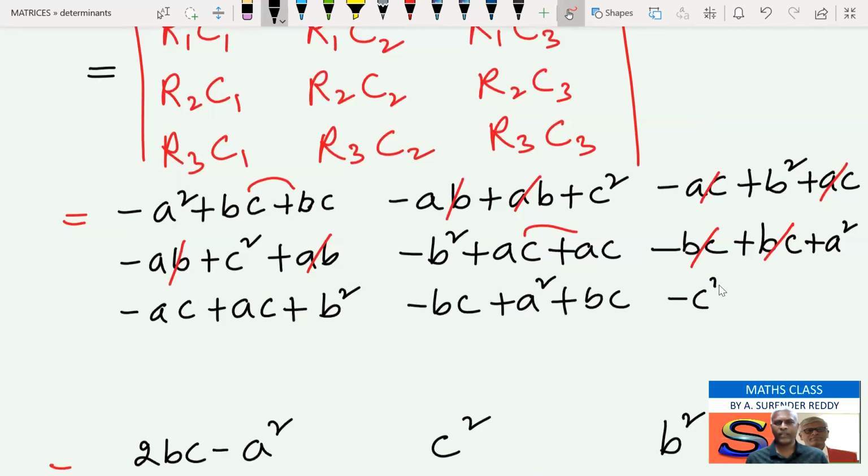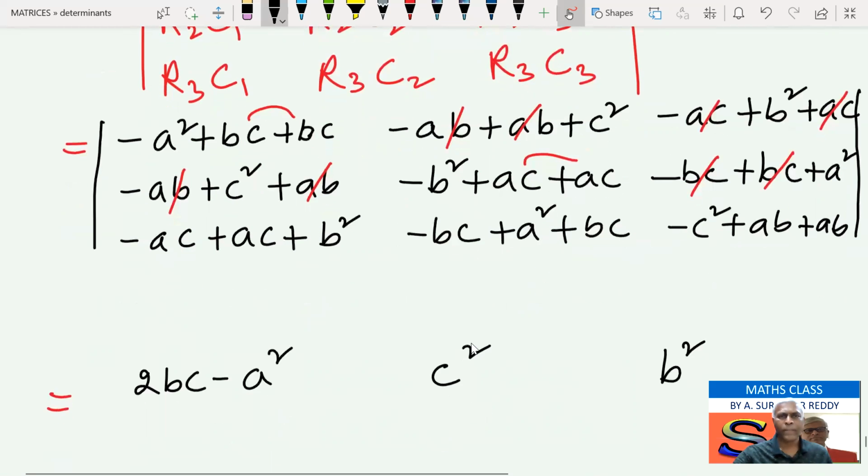In the last row AC plus AC get cancelled, BC will get cancelled. So this is 2AB.